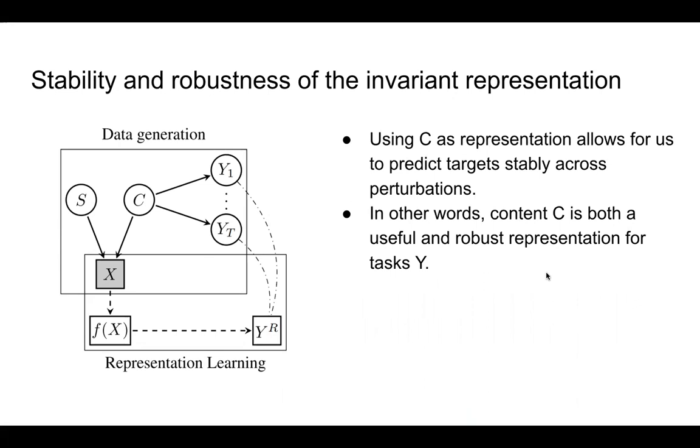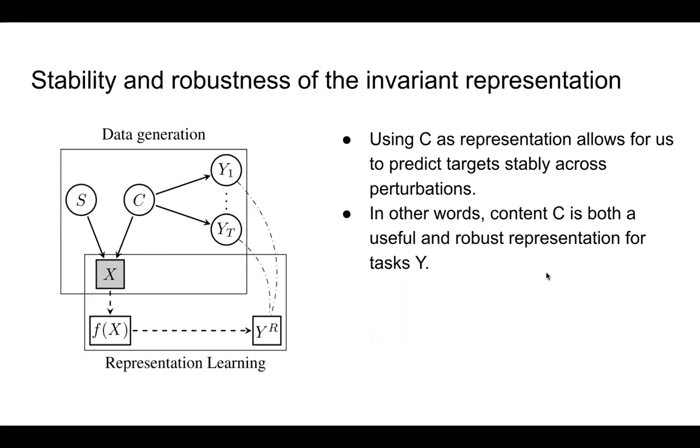And this we can say, if we use C as a representation, it will allow us to predict the target stably across different permutations of styles. That means no matter whatever the environment, we will only focus on the content if we just use the content C as the representation.